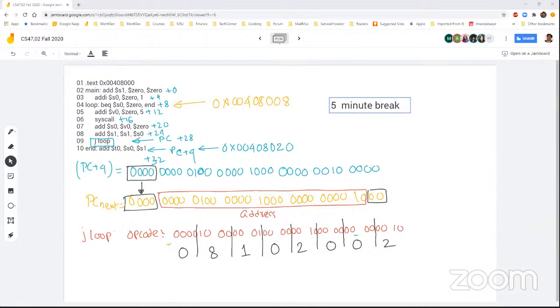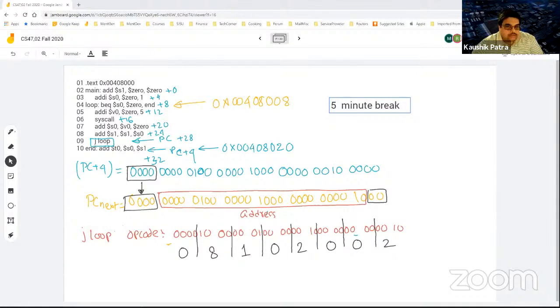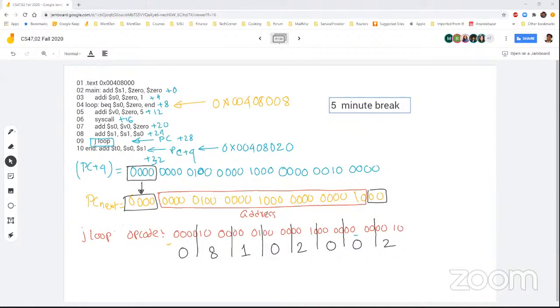So when you're given the PC address at the jump execution, that PC value is what you have to add 4 to begin your process. The PC plus 4, you add it to that value. Right. Okay. Thank you.